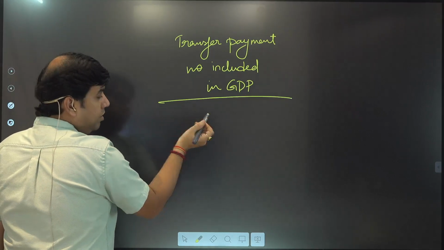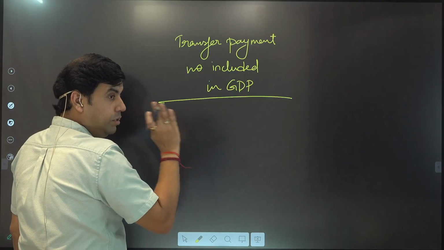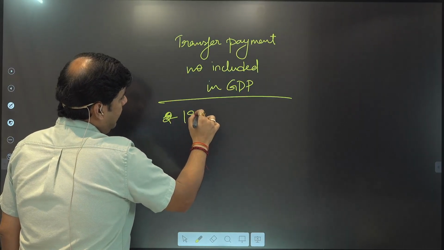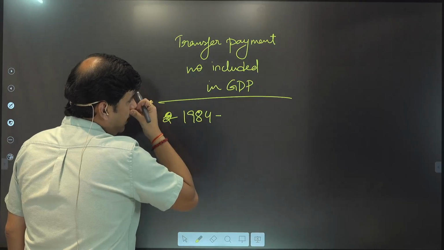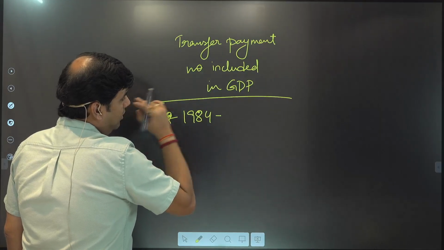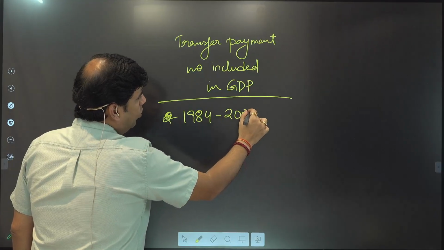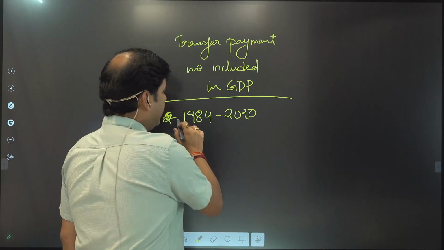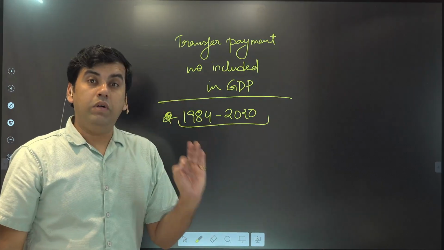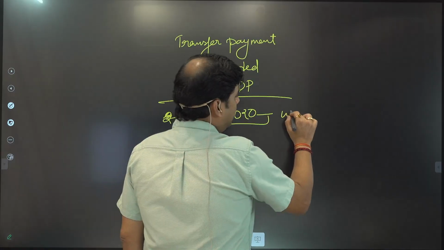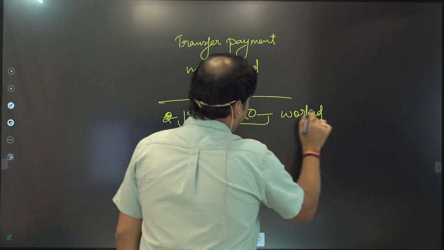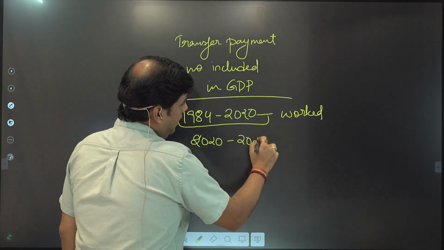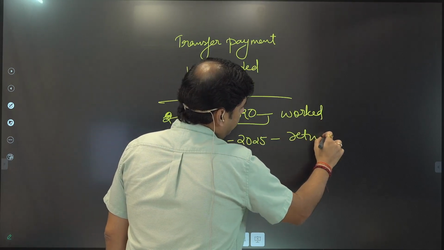A person worked between 1984 to, let's say, 2024 or 2020. So he worked for almost 26-27 years, right? Now he is retired. From 2020 to 2025, he is retired, right?